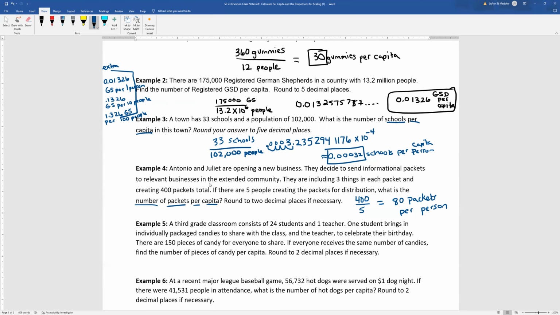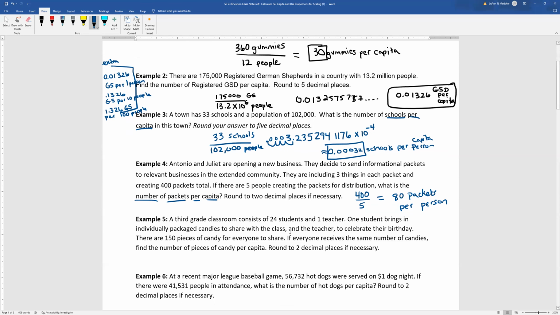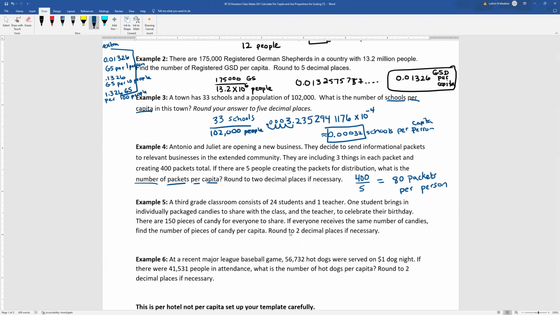A 3rd grade classroom consists of 24 students and 1 teacher, so 25 total people in the room. 1 student brings in individually packaged candies to share with the class and the teacher. So we do need to include all 25 people to celebrate their birthday. There are 150 pieces of candy for everyone to share. So we're doing a total of 25 people.